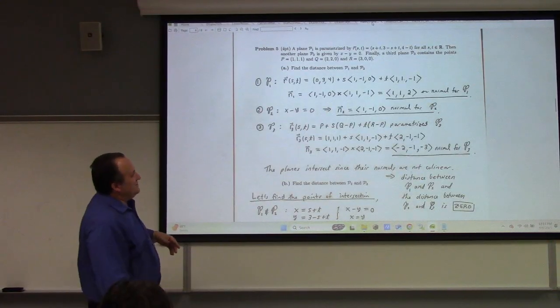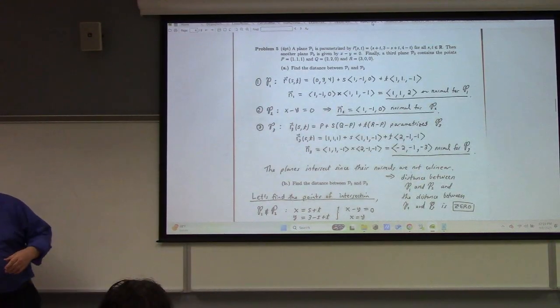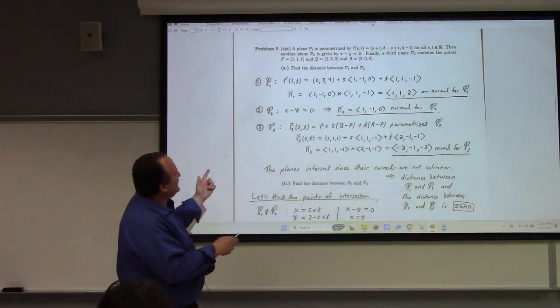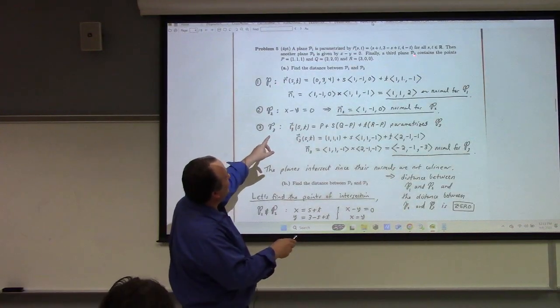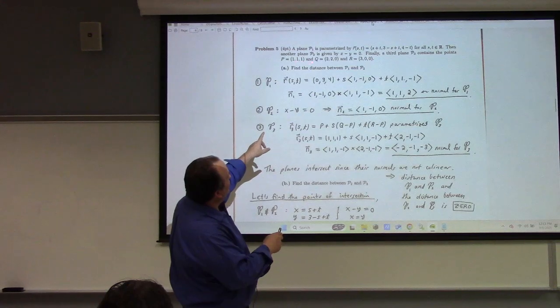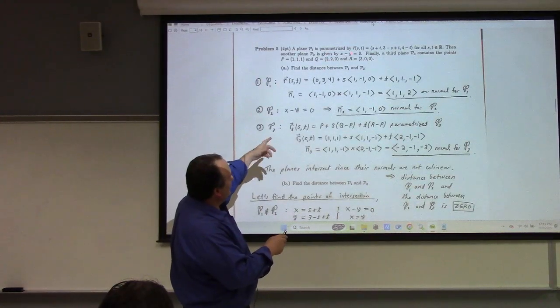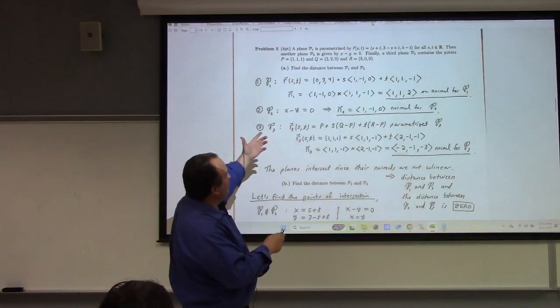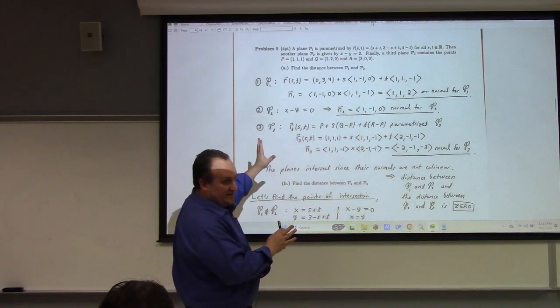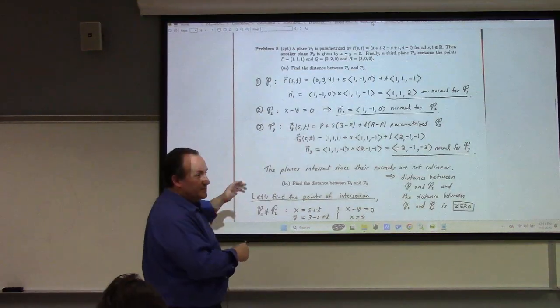And that was actually manifestly clear for 2 and 3, because if you look at 3, it's got 1, 1, 1 and 2, 2, 0, right? Plane 2, x minus y equal to 0. Plug point p into this equation: 1 minus 1 minus 1, 0? Yeah. So that means that the point p is both on plane 2 and plane 3. Done. Distance is 0. If they intersect, the distance is 0.